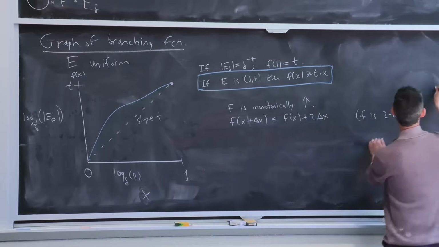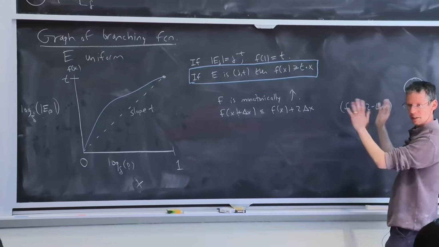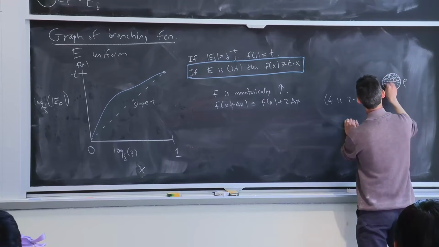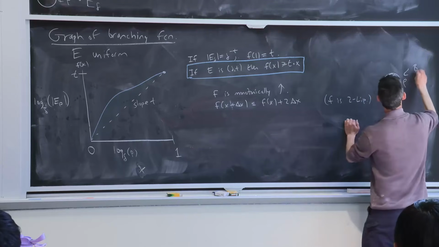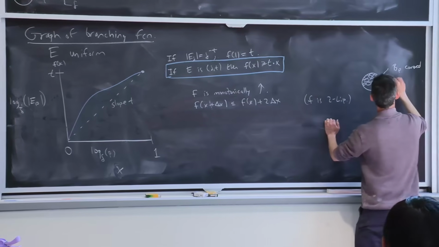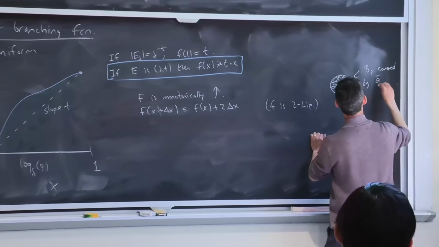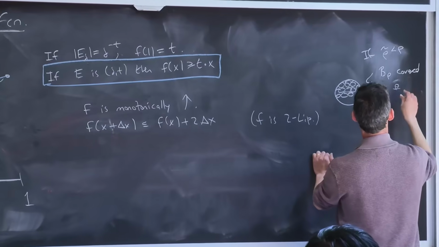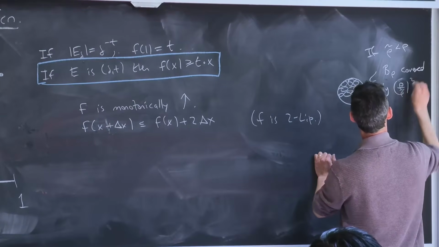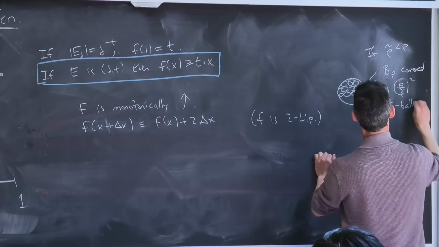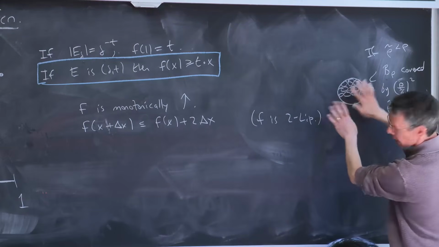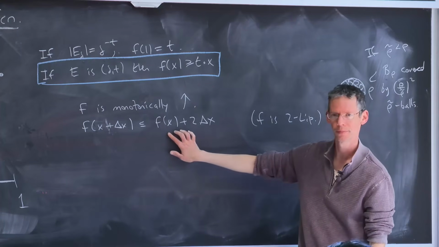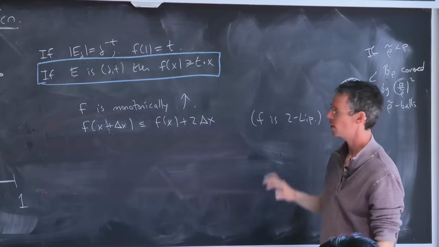Well, if we have a rho ball, and then we decrease rho, we can always cover that with a certain number of rho tilde balls. If rho tilde is less than rho, then B rho is covered by (rho over rho tilde) squared rho tilde balls. And we may or may not need all of them, but the most we could need is all of them, and that would correspond to equality here. So f is 2-Lipschitz.